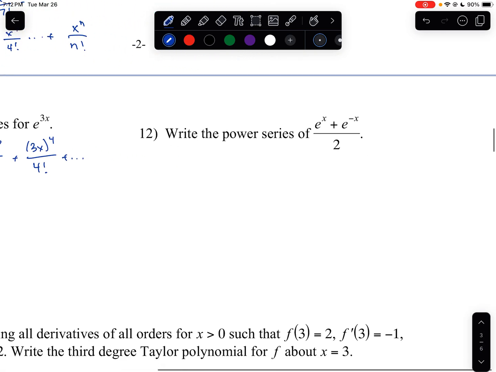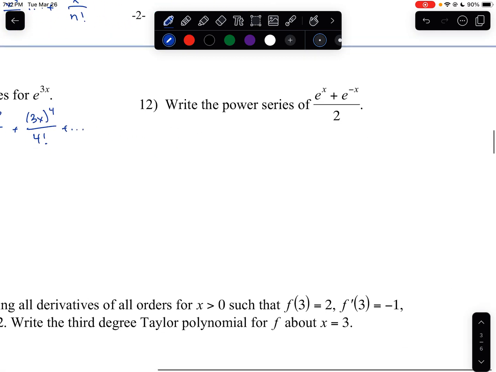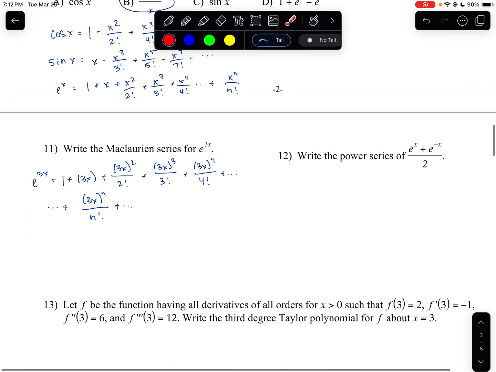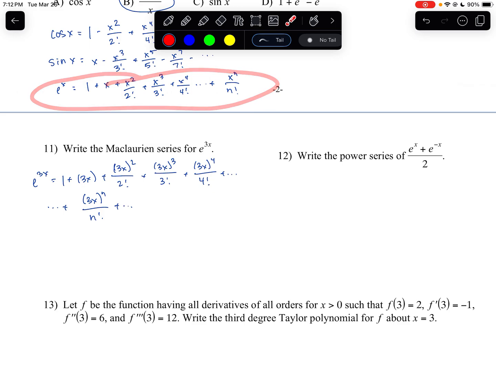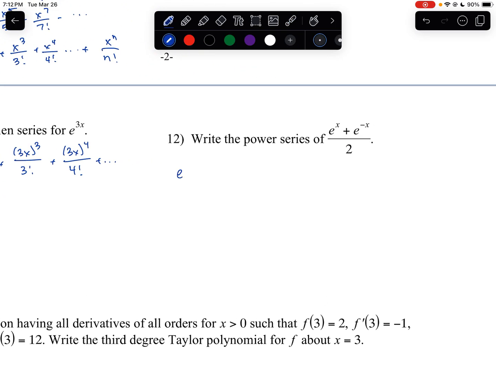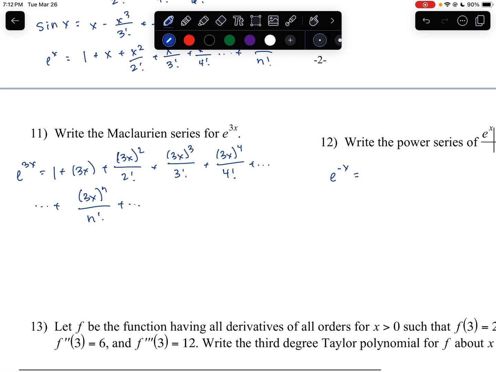Okay, write a power series of e to the x plus e to the negative x. Well, I already have e to the x written here. So what is e to the negative x going to look like? It will look like this if you substitute in negative x. That's not going to change the first term. That will change the next term to be negative x.